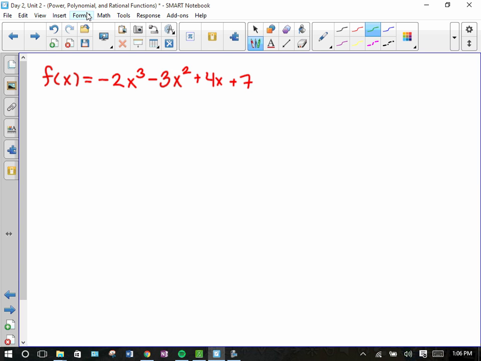The way we figure out the positive zeros is we look at f of positive x. We count the number of sign changes between the coefficients. No sign change, one sign change, no sign change. So what that tells me, for a fact, is that there is one positive real zero.